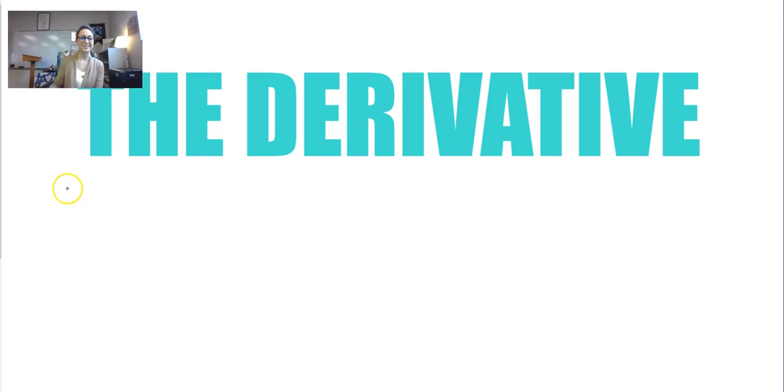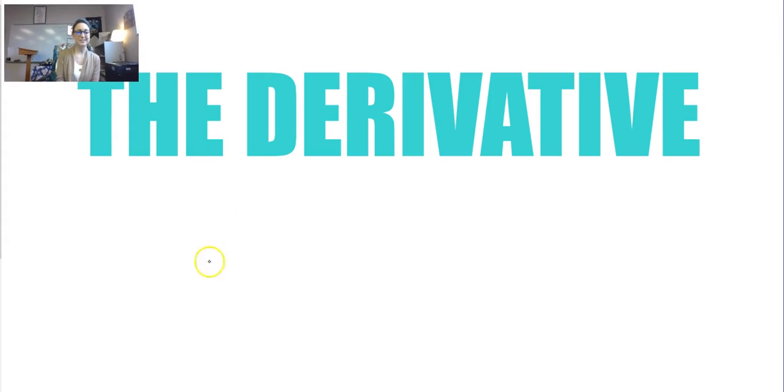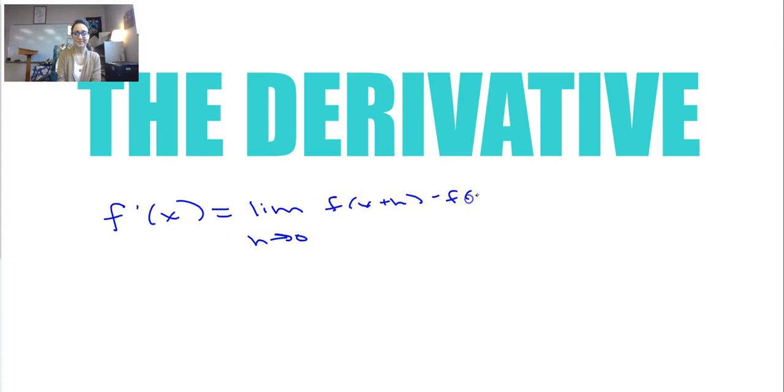So the derivative is denoted typically as f prime of x. Will you write that in your notes for me? And the way we define f prime is the equation that gives us the slope of the tangent line at any x value. And remember, the way we find that is that limit as h approaches 0 of f of x plus h minus f of x all over h.